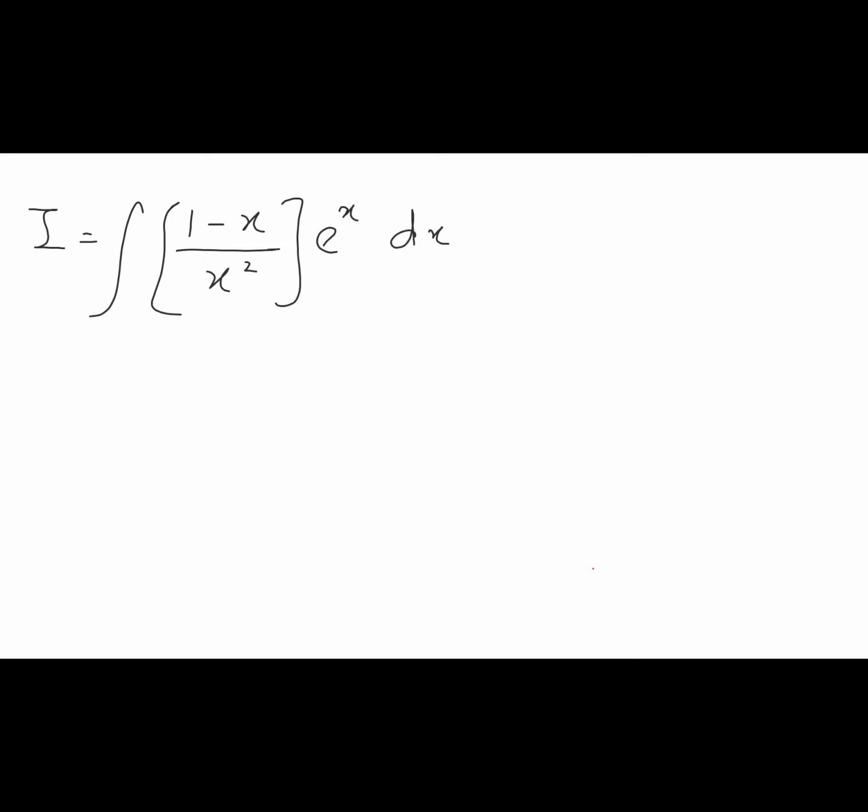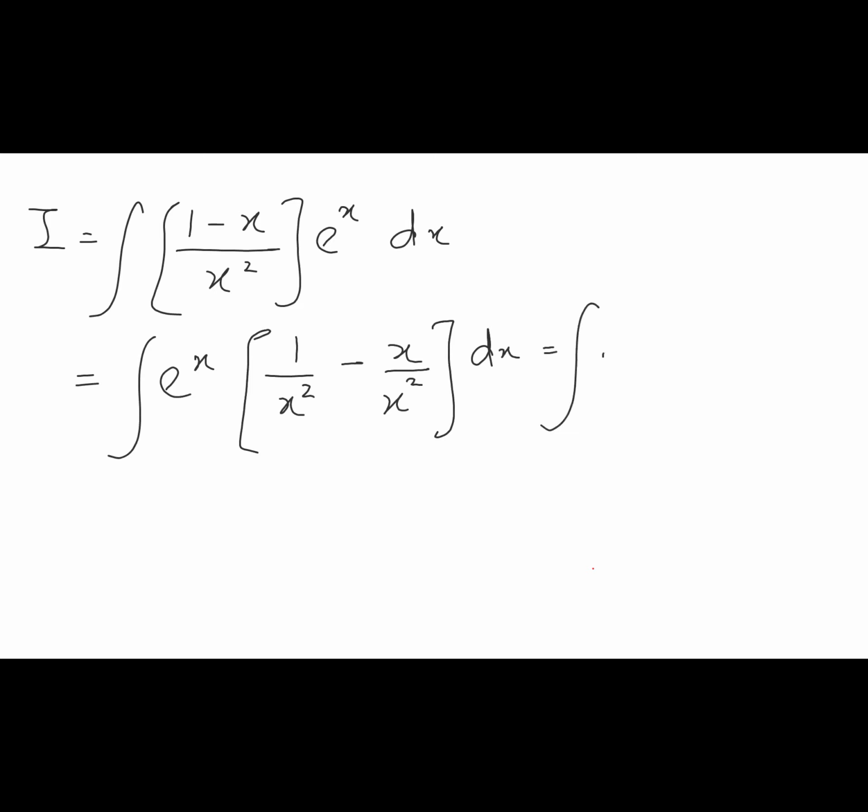Okay, so I'll write e raised to x, and I'll split it within the box bracket: 1 upon x square minus x upon x square. So this is equal to e raised to x, 1 upon x square minus 1 upon x.